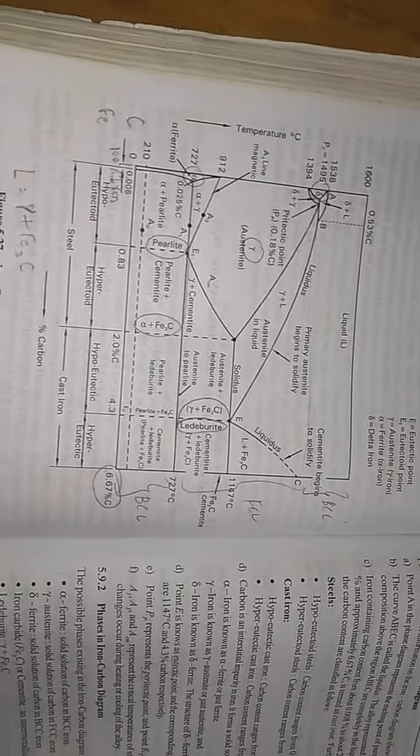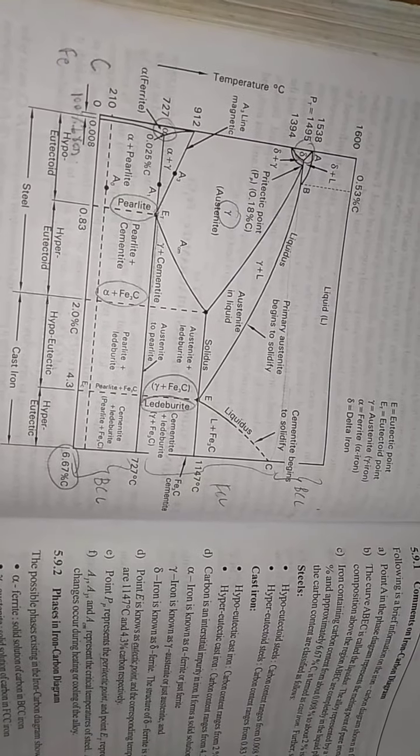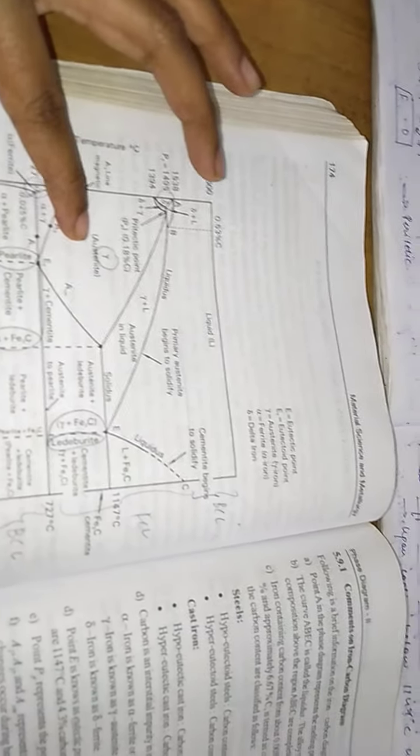The next observation is that alpha ferrite and pearlite are formed at 727 degrees Celsius. Below 727 you have cementite, and beyond 727 you have austenite, ledeburite, and delta ferrite.